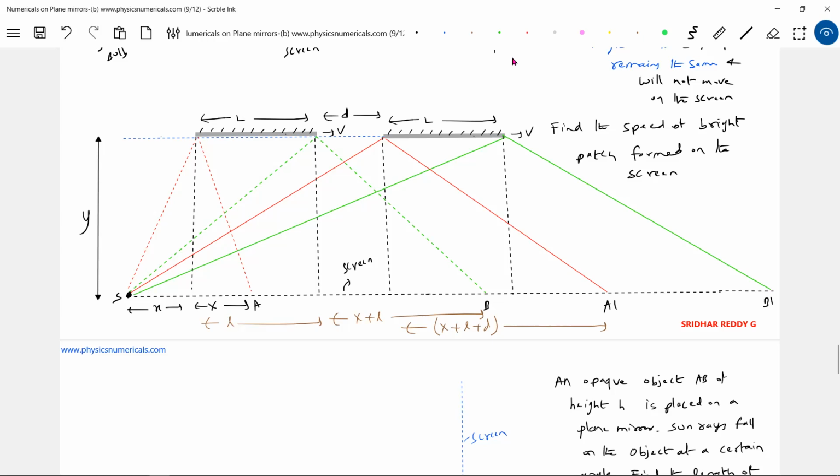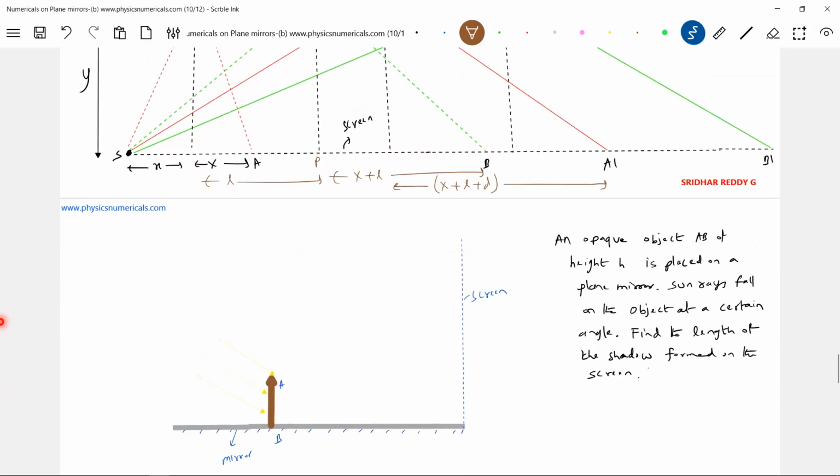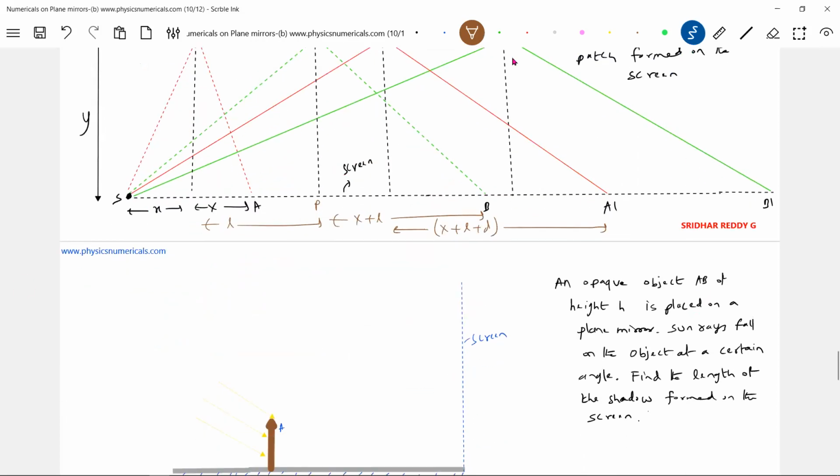That A dash has to be expressed now. So how to calculate this distance A dash? Now we know from A to here the distance is L plus X plus D, and this also is X plus L plus D. In that, I should calculate this distance P. I need some place to do the calculation.